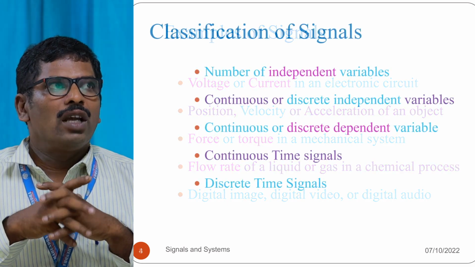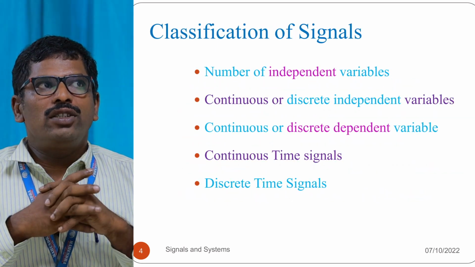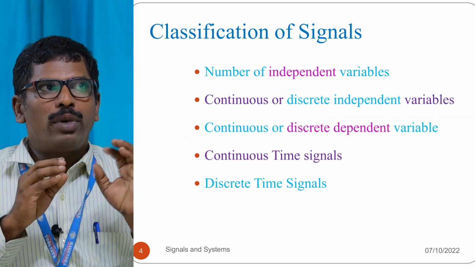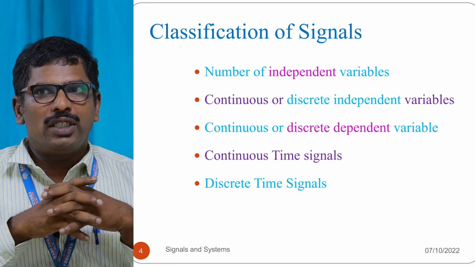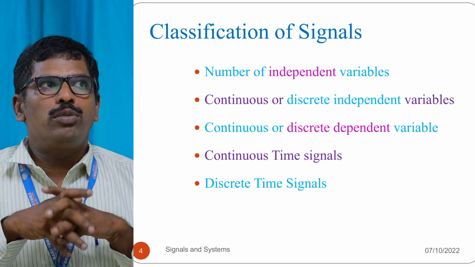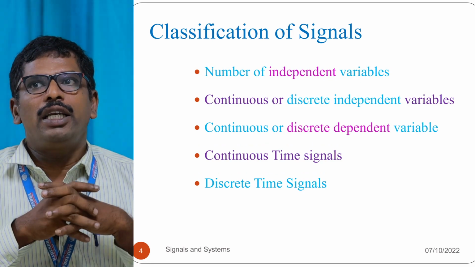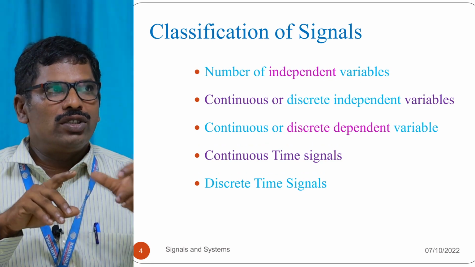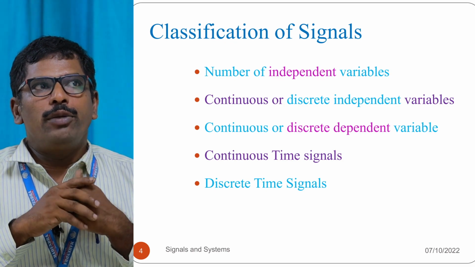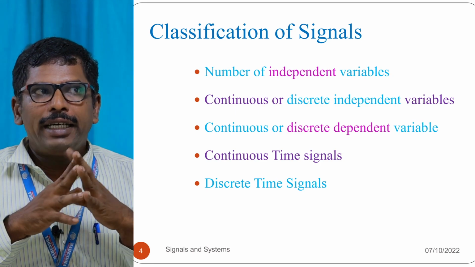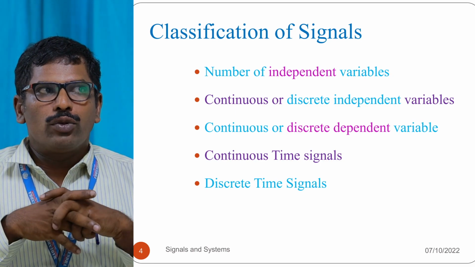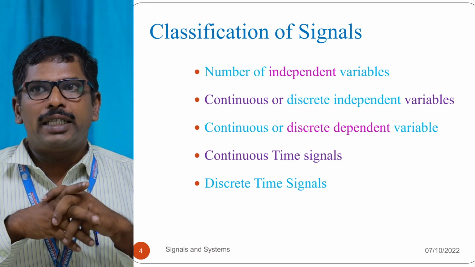Next one. This is a broad and basic classification of signals. First we will classify the signals based upon the variables, whether they are dependent or independent variables. Next is continuous or discrete independent variables. Next is continuous or discrete dependent variables, and the next is continuous time signals and discrete time signals.